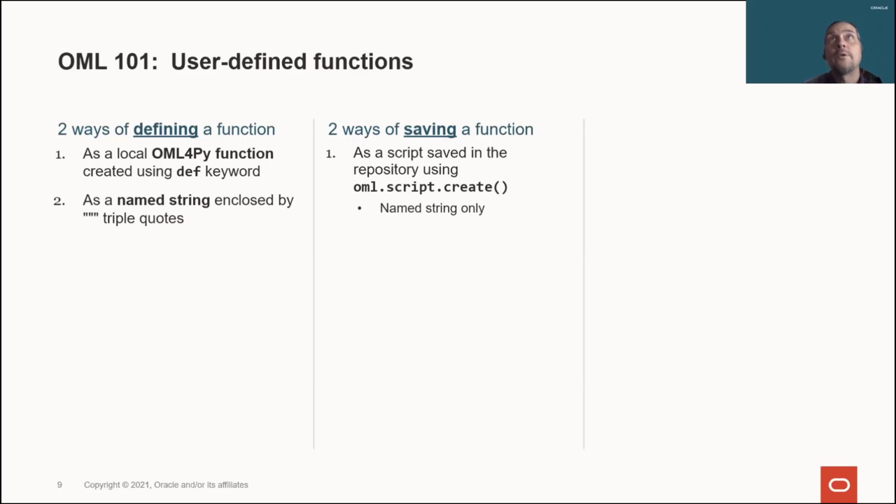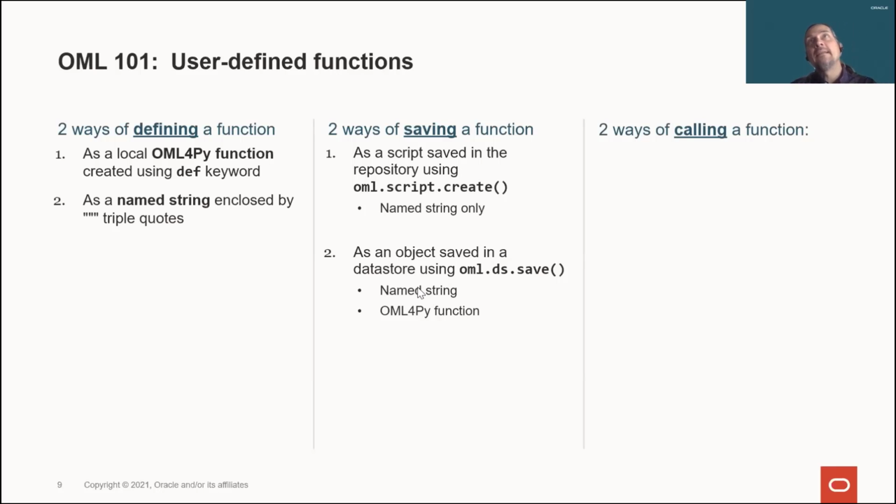With the script create, we're using a named string with that triple quotes. I'll show you an example of that in a minute. Or, like I said, you could save the object to the data store and then load the object from the data store. You have both options. And with saving an object to a data store, you could either use the Python name for the function or the named string.